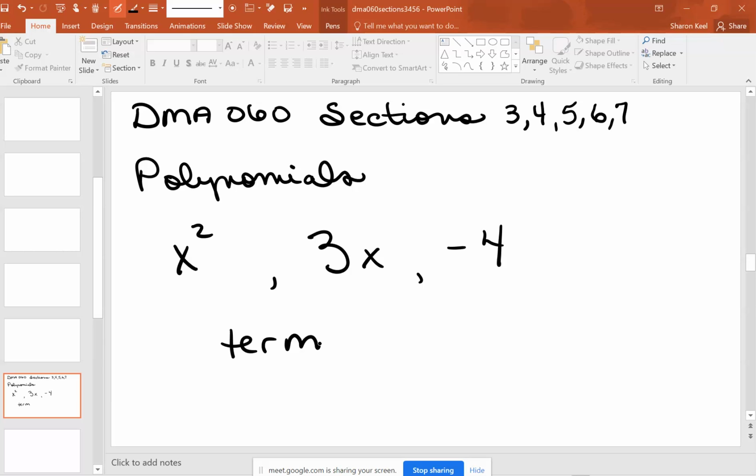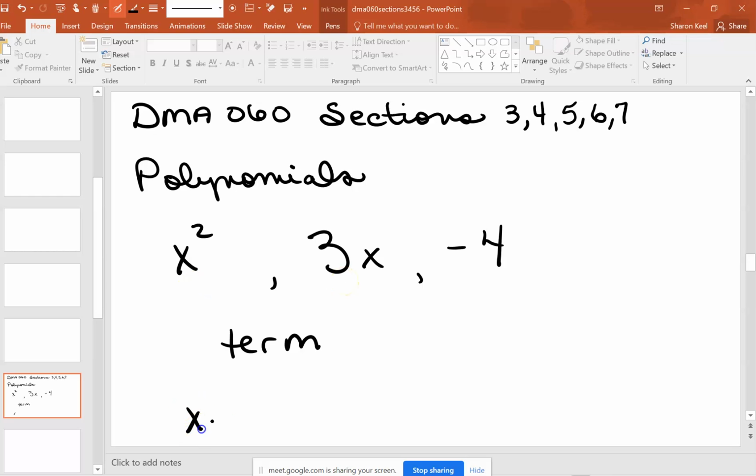Term just simply means it's the product of numbers and/or variables. And when we write a polynomial, we separate the terms with either a plus sign or a minus sign. So these are just simply terms.